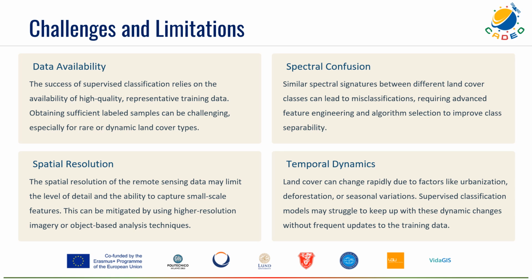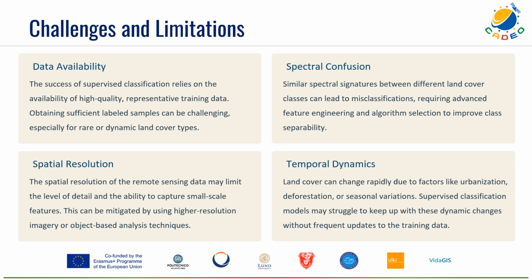And the last one is contextual and temporal factors. Supervised classification models often struggle to account for the complex contextual and temporal factors that can influence land cover and land use patterns.